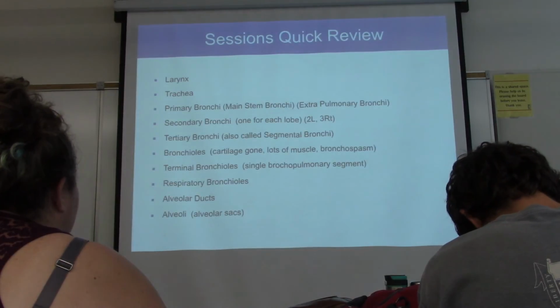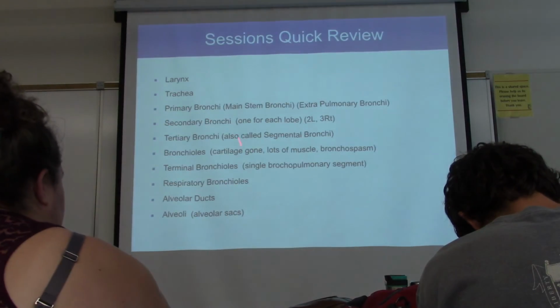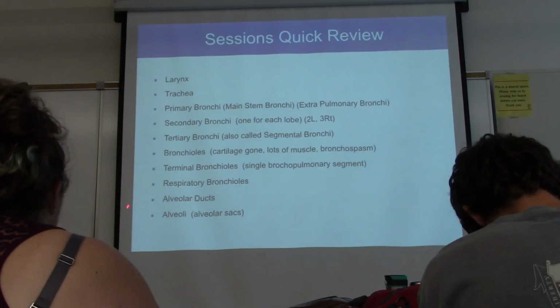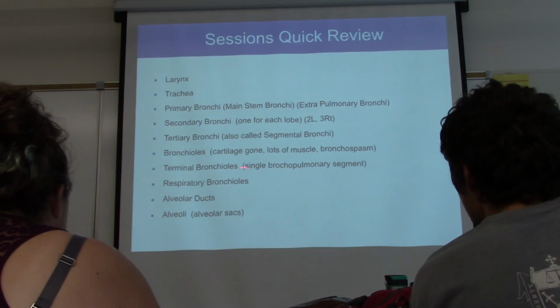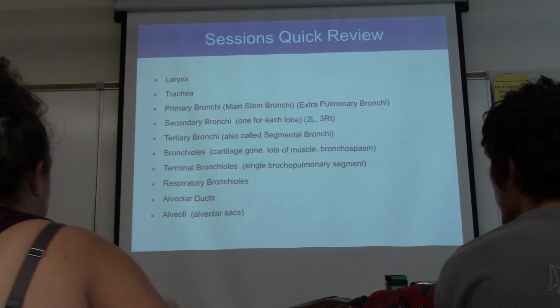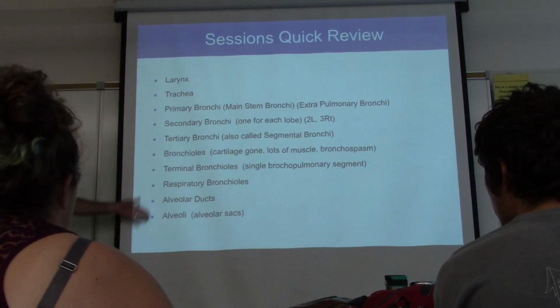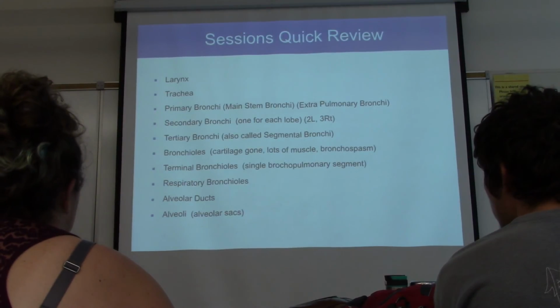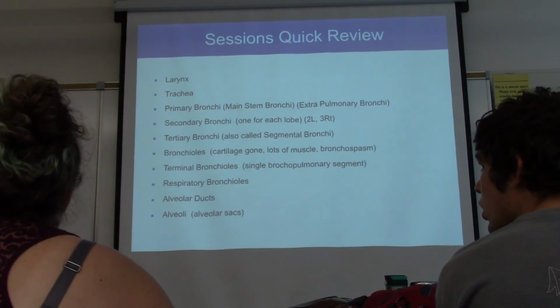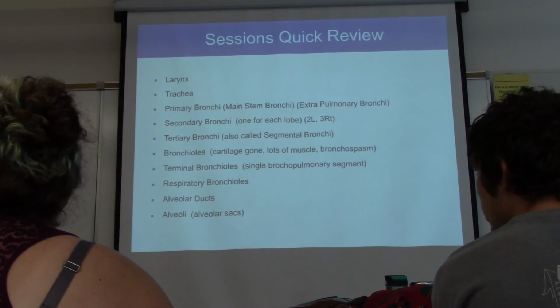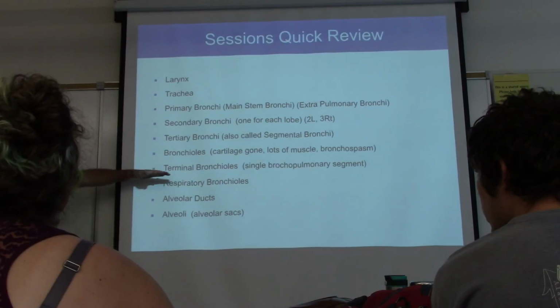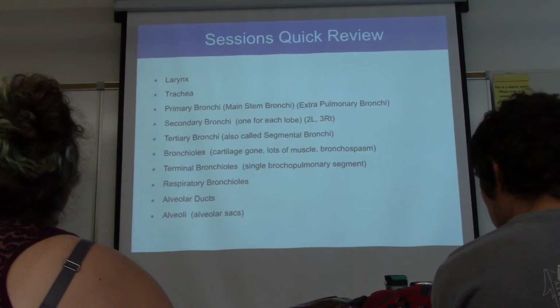Anyway, so here's kind of a list, but please don't worry about it. Just know that the respiratory bronchioles, the alveolar ducts, all three of these are really just alveoli. Oxygen is being absorbed from here down. Okay?